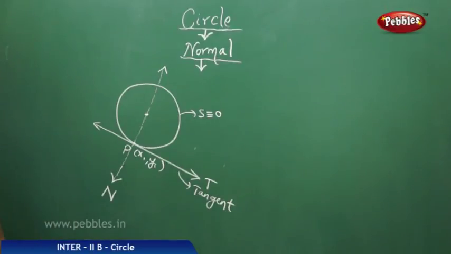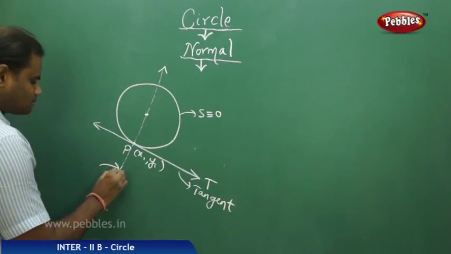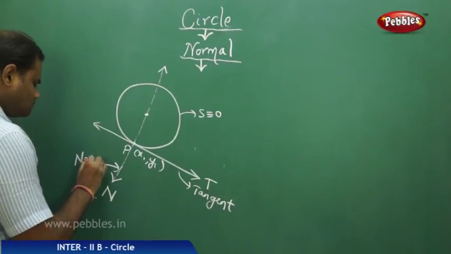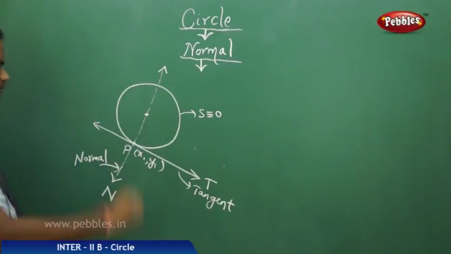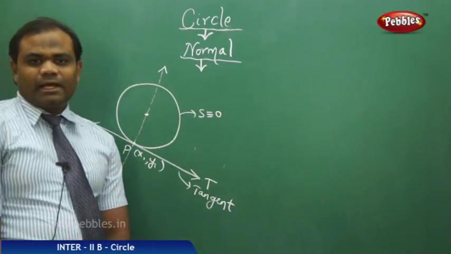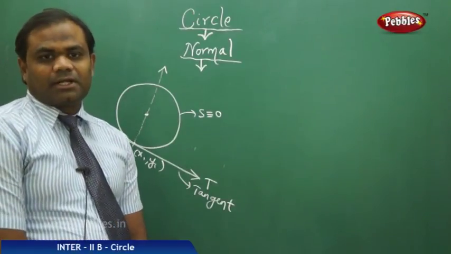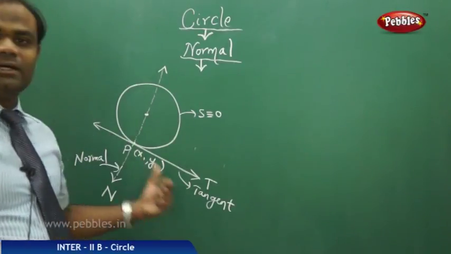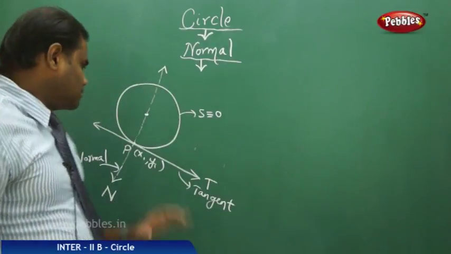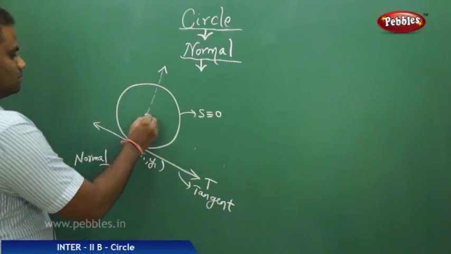This is the tangent. So a line which is perpendicular to the tangent and passing through the point of contact is the normal.